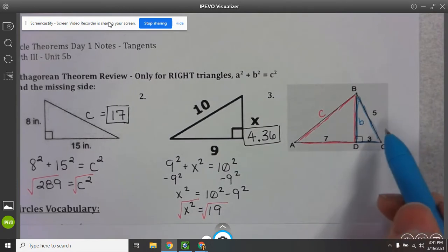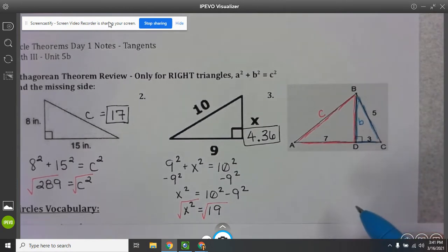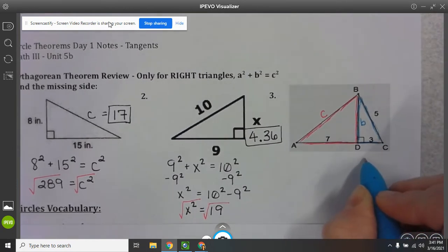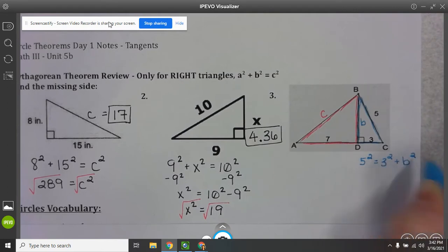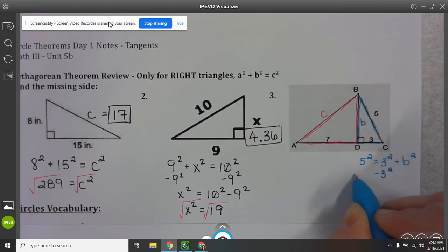All right, so starting on the blue side, I have 5 squared, because that's the hypotenuse, being equal to 3 squared plus b squared. Again, I'm going to try to do as much in my calculator at one time as possible. So I'm going to subtract 3 squared.